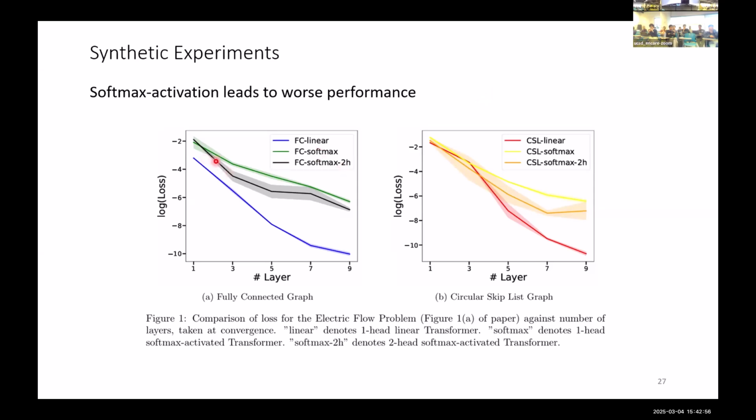So you can see that the softmax transformer and the two-headed softmax transformer have a significant gap to the linear transformer. And again, given what we know from the linear regression in-context learning problem, that is not that surprising. I believe that softmax activated transformers also do relatively poorly for that problem.